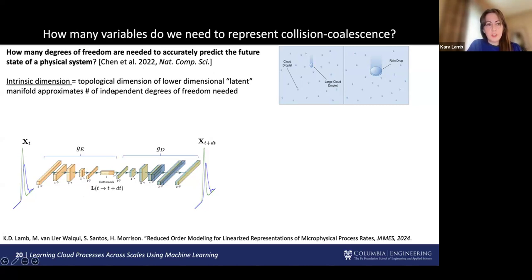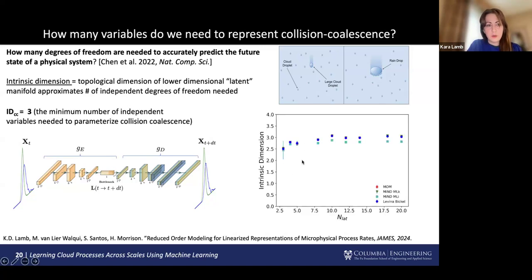And what they found was that they could use something which is called the intrinsic dimension of the system. This is basically the topological dimension of the lower dimensional manifold on which the dynamics is assumed to evolve. And this is a good approximation for the number of independent degrees of freedom that you need in your model. There are a number of different algorithms to estimate the intrinsic dimension.